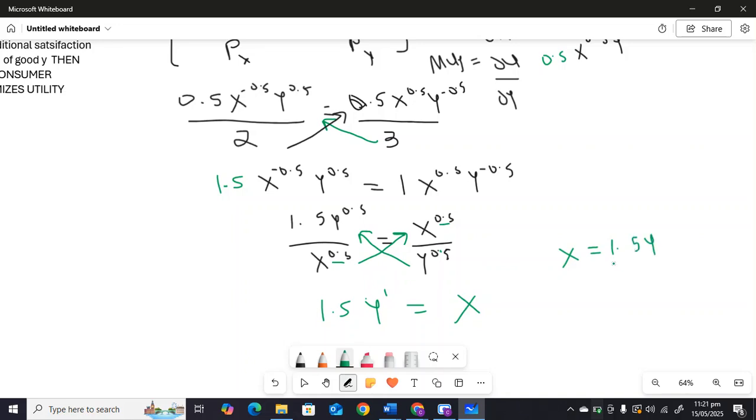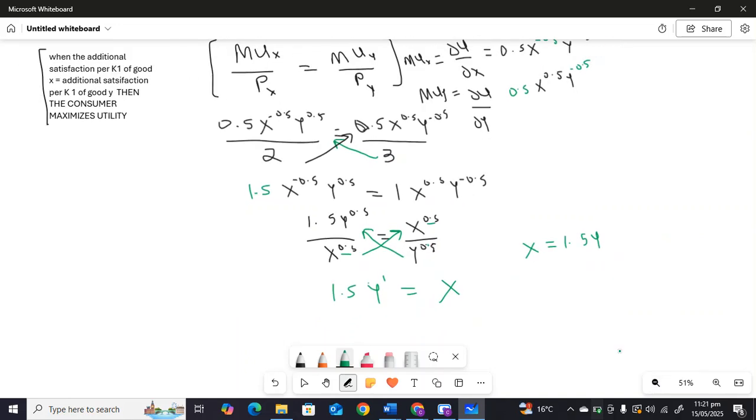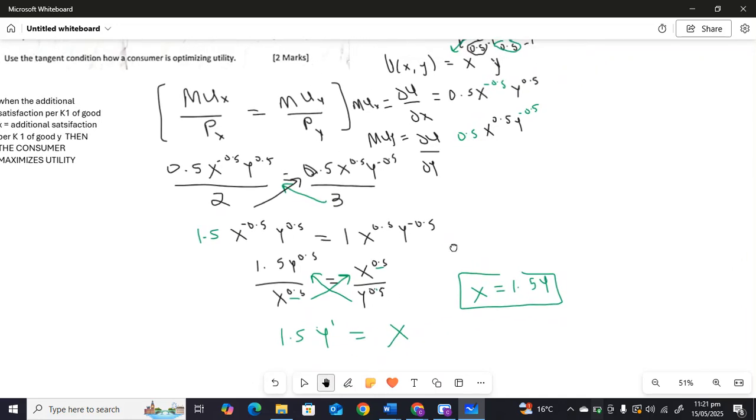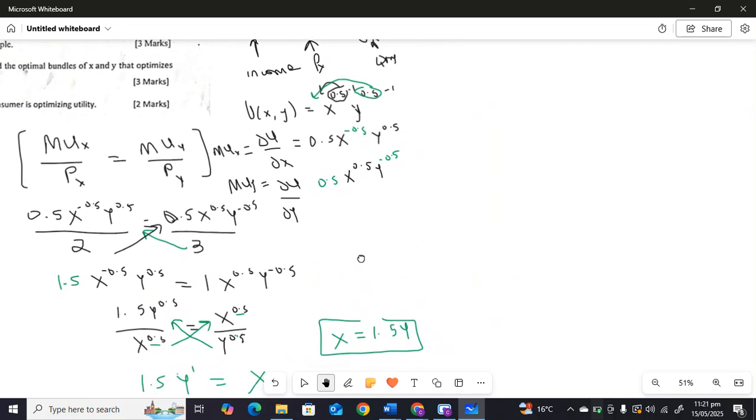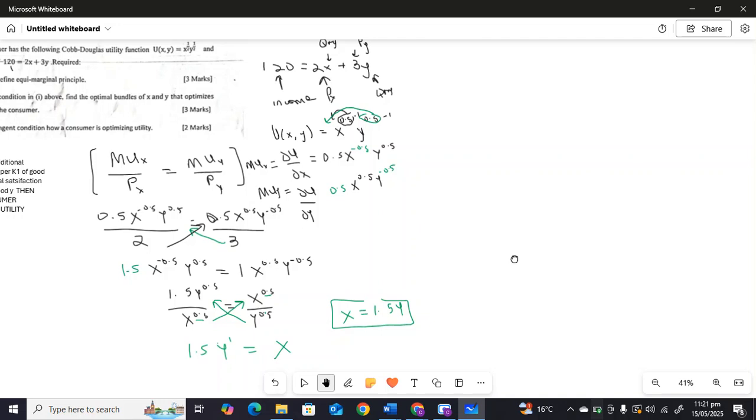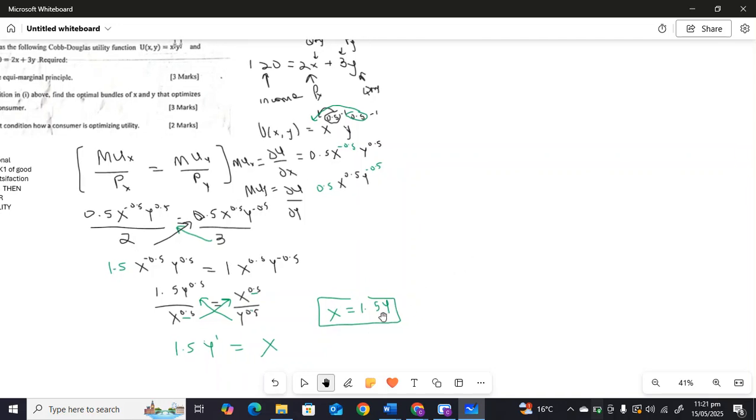So that was the whole purpose here. We just wanted to get either x as the subject of the formula or y as the subject of the formula. So this, you are going to substitute into the budget constraint equation so that we can find how much of good X this person needs to buy and how much of good Y they need to buy. So we're going to substitute x for 1.5y.